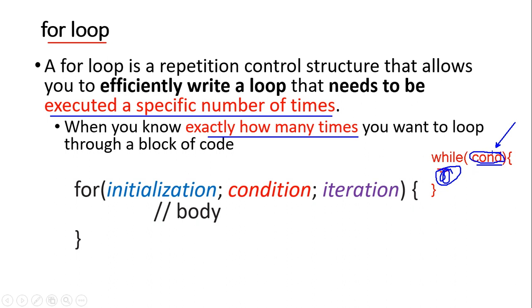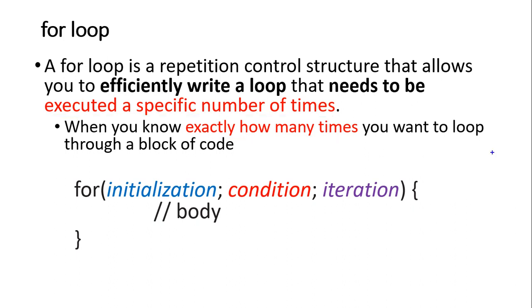The syntax of a for loop may look a bit complicated, but it is easier. There are three sections in the syntax. The first section is the initialization, which is followed by a semicolon. Then we have the second section, that is the condition, which again is followed by a semicolon.